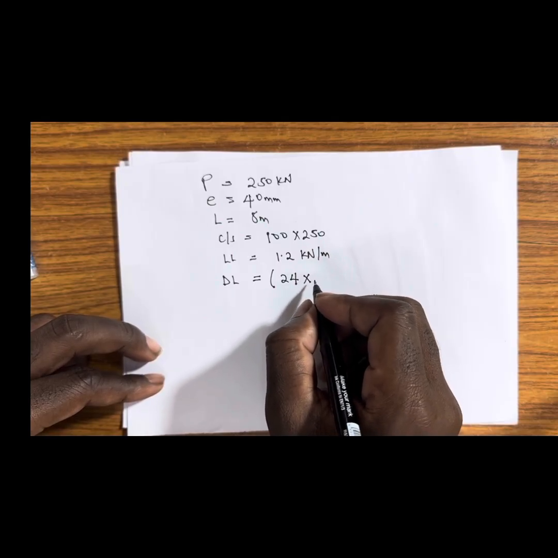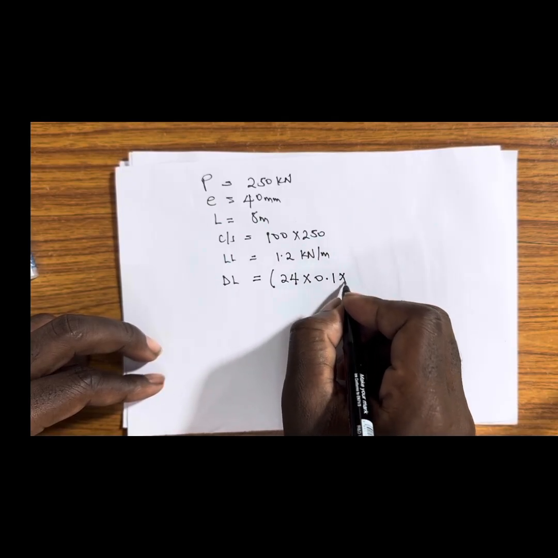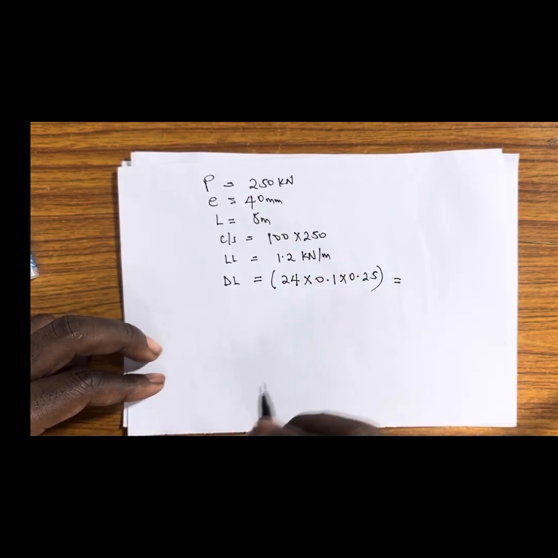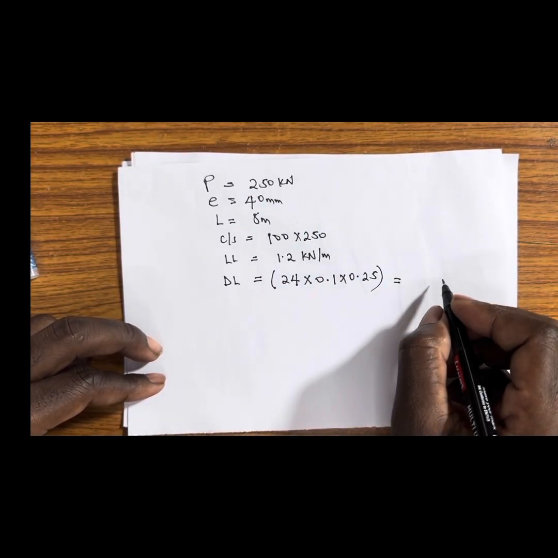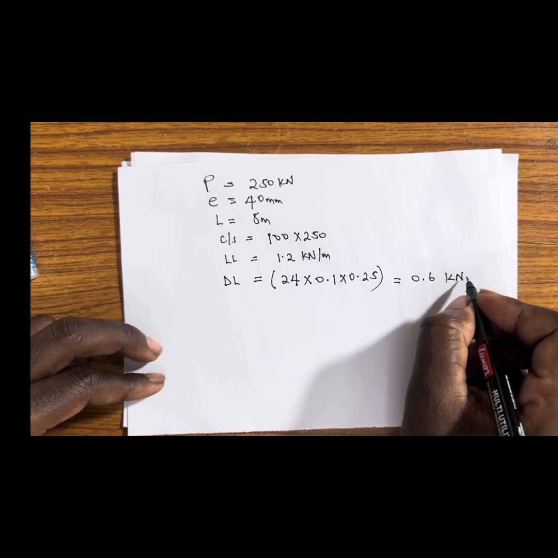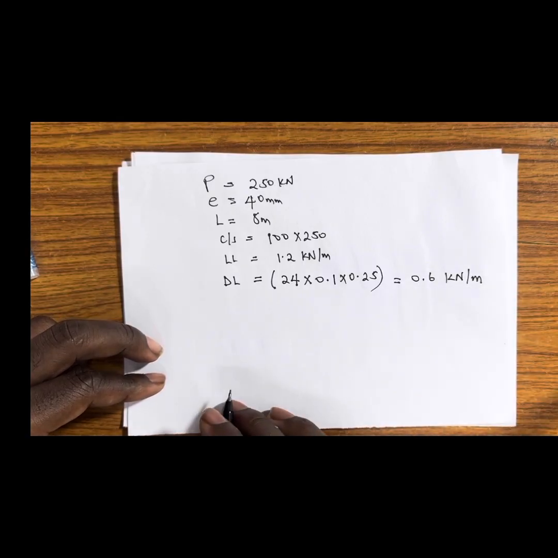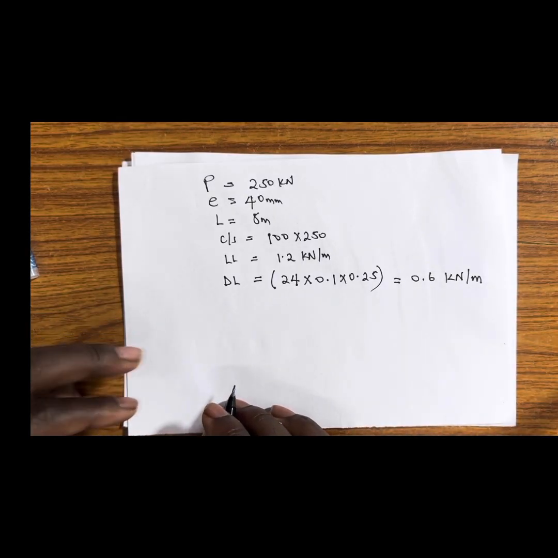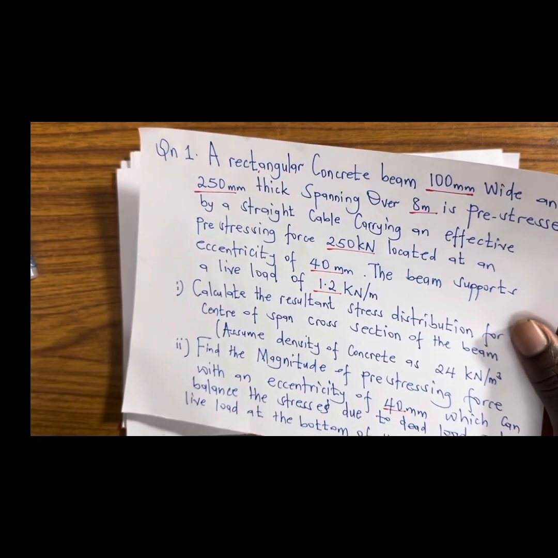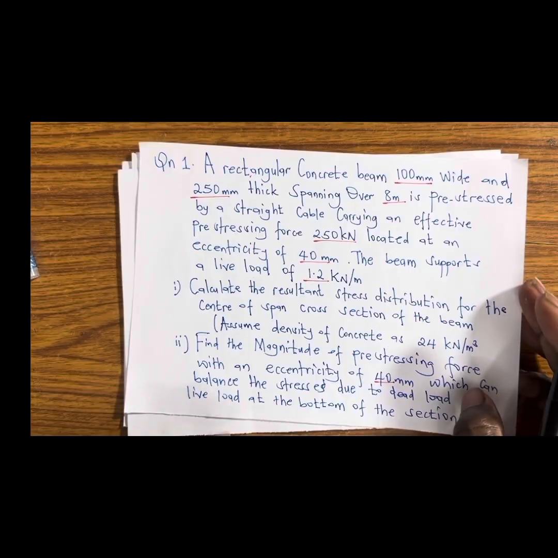This is going to be 0.1 times 0.25. When you multiply this, you are going to get 0.6. This is kilonewton per meter dead load. Okay. Now all this I've summarized, what I was underlining here in the question.